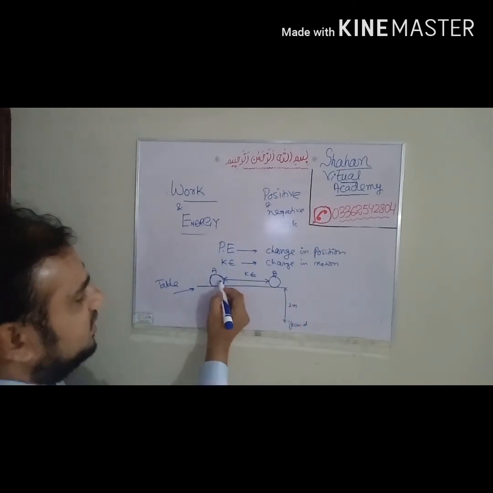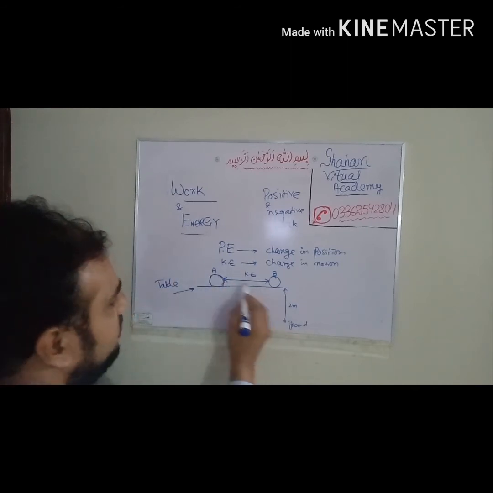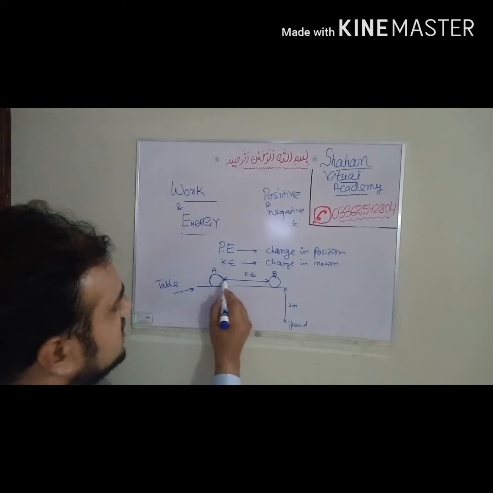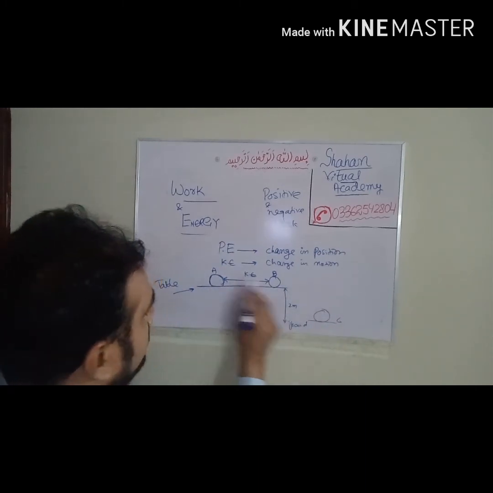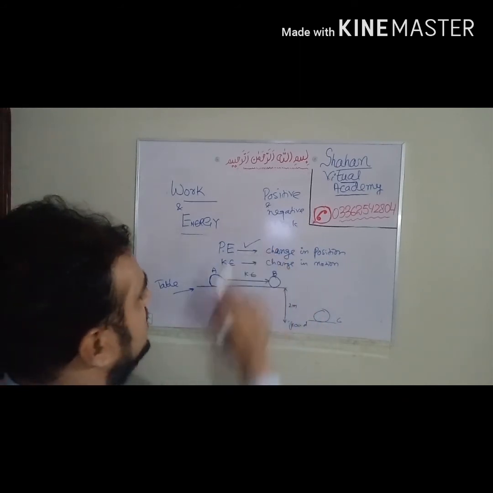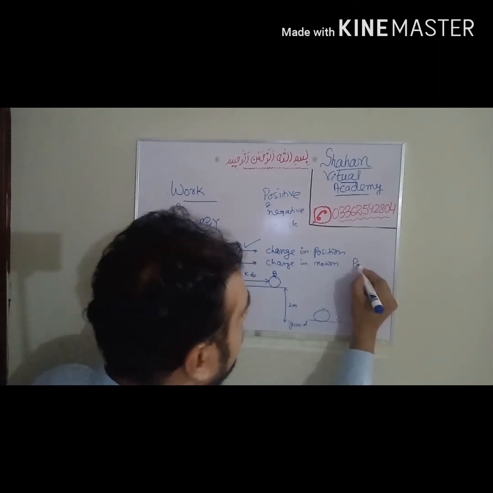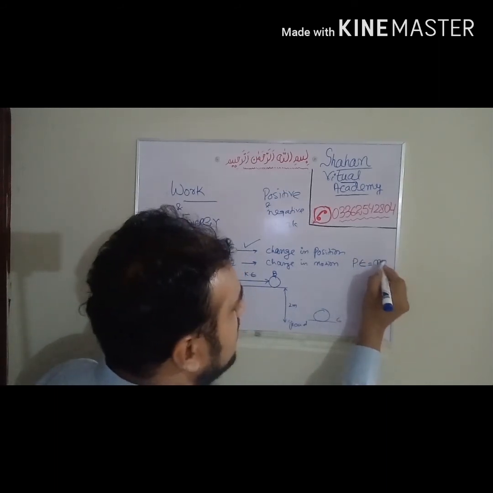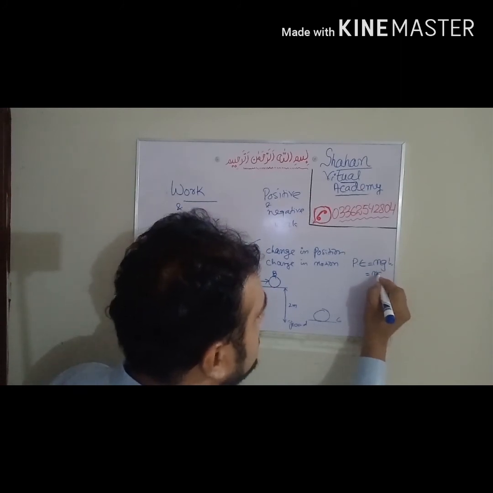This is work done with the help of kinetic energy. But when the body is displaced to position C, its kinetic energy is changed along with a change in potential energy, because potential energy is mgh, where m is the mass and g is acceleration due to gravity.